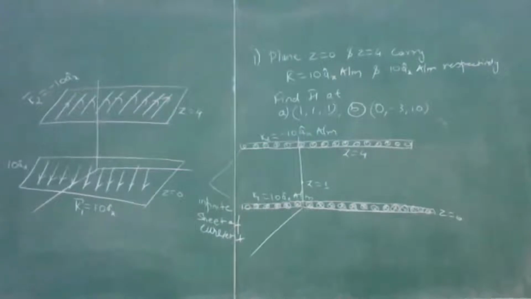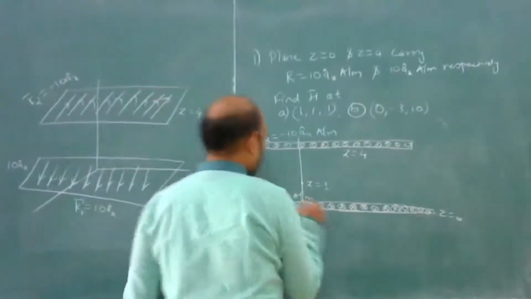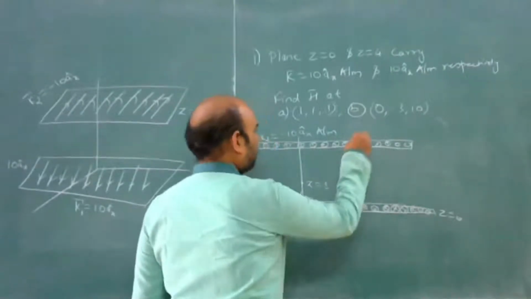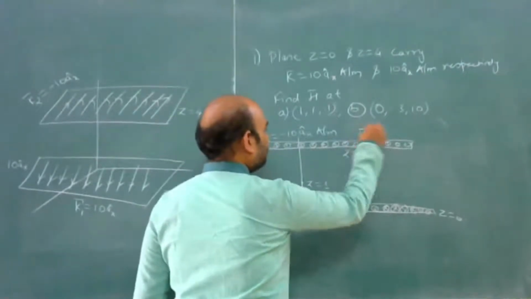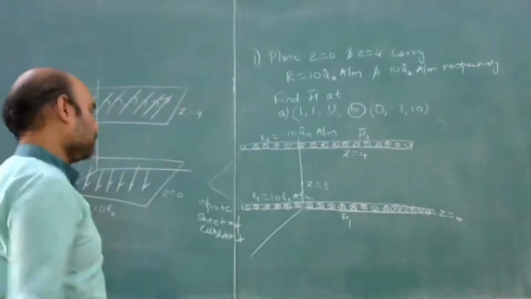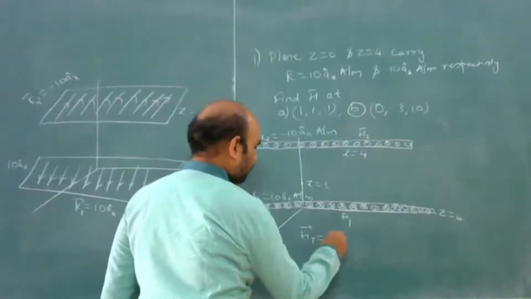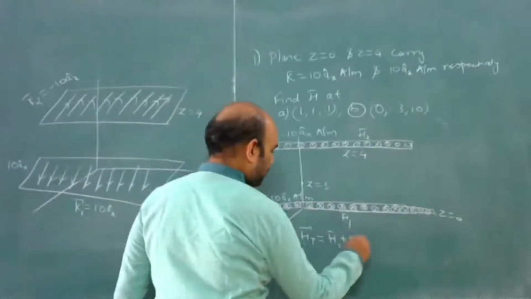The magnetic field due to the first current sheet is H1, and due to the second is H2. So the total H will be equal to H1 plus H2.